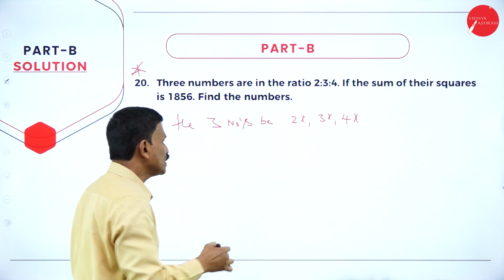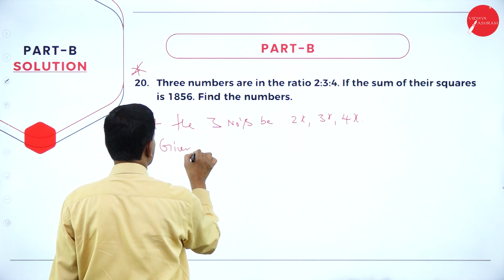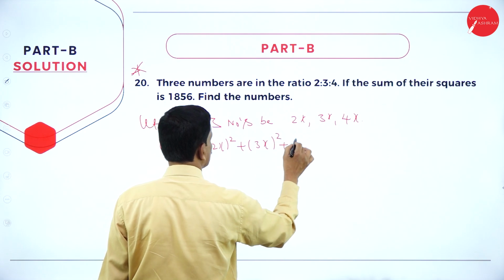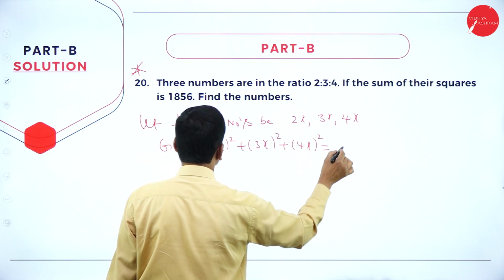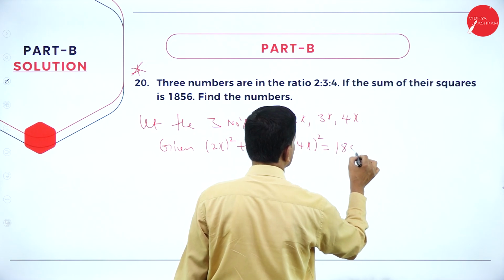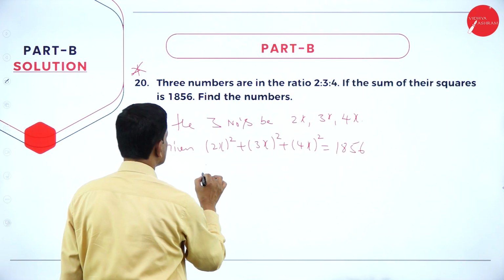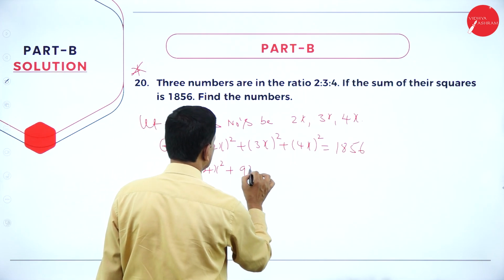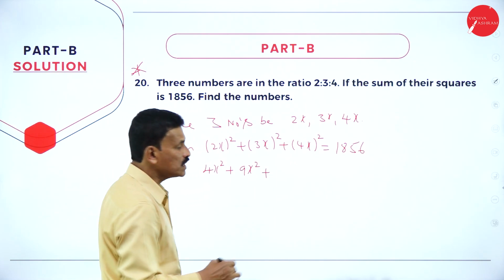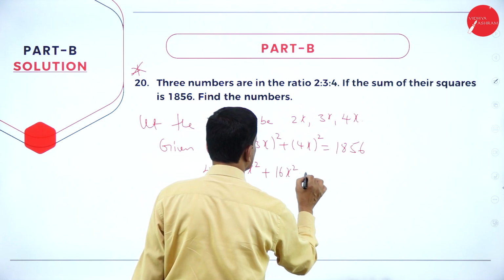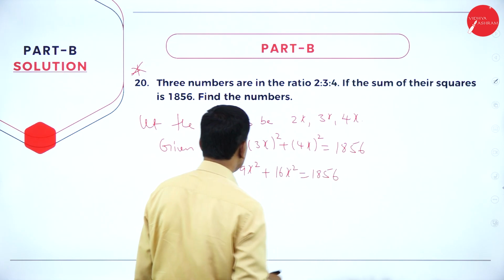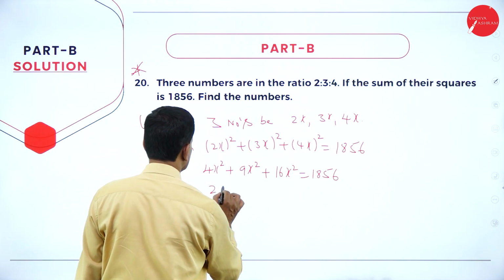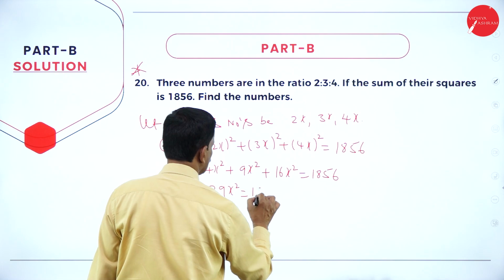What is given is that the sum of their squares, (2x) whole square plus (3x) whole square plus (4x) whole square, is equal to 1856. (2x) whole square means 4x square, plus 3 square is 9x square, 4 square is 16x square, is equal to 1856. 16 plus 4, 20 plus 9 is 29x square. 29x square is equal to 1856.